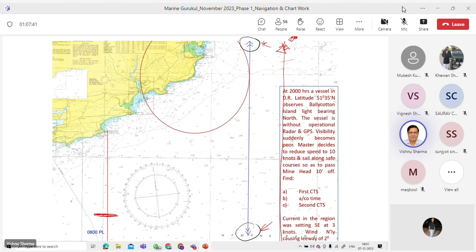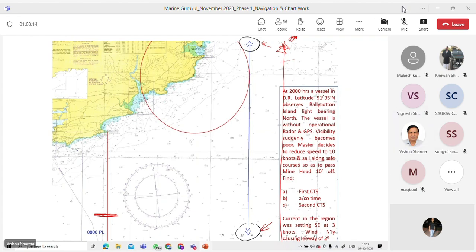But what is the significance of DR? DR is the position which, in the given circumstances, is the best position you can have, and you expect the vessel to be somewhere around DR, if not at DR. Yes or no? That is your best bet. Correct?